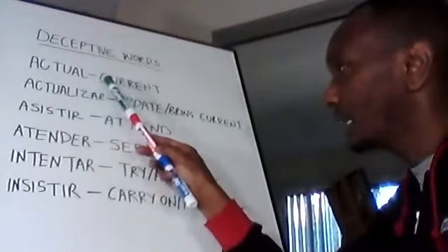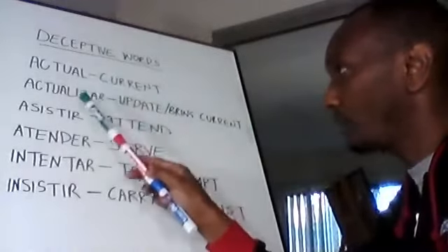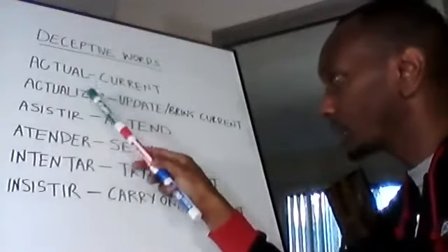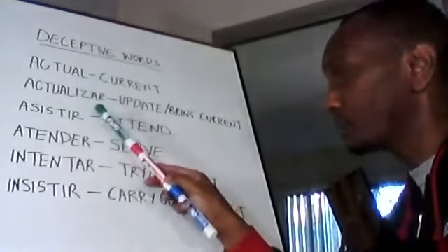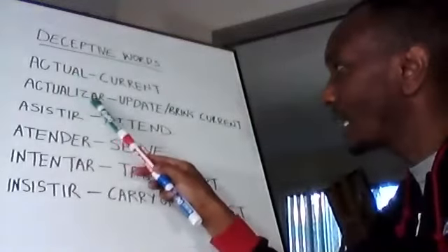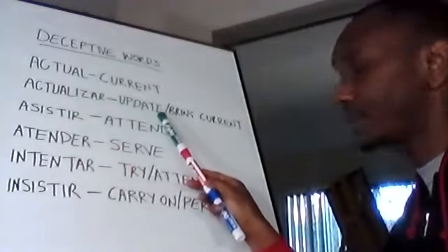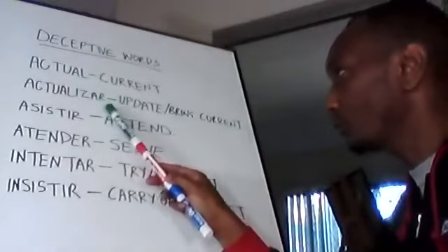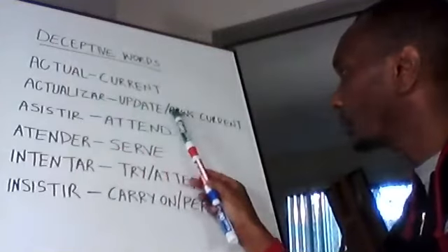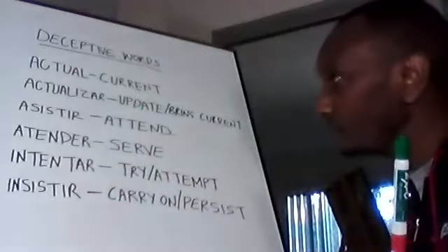As we have seen, actual comes from, and you can see the similarity between the two. So actualizar is going to mean to update or to bring current. Let's go on.